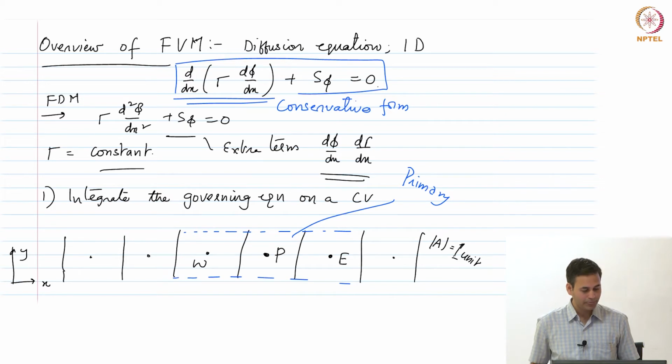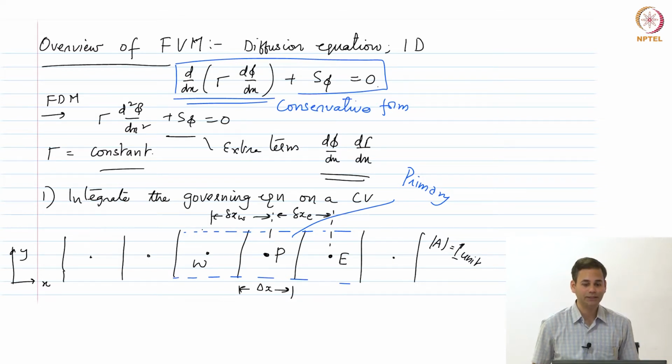If I were to integrate this, we also say that the cell has a width of delta x, and we will indicate the distance between the centroids of the primary and the east cell with a little del x E, and between the primary and the west cell with del x W. So, we have del x E, del x W and capital delta x.